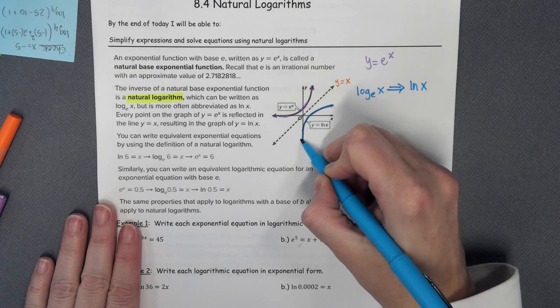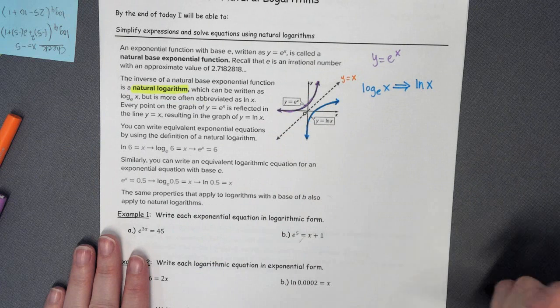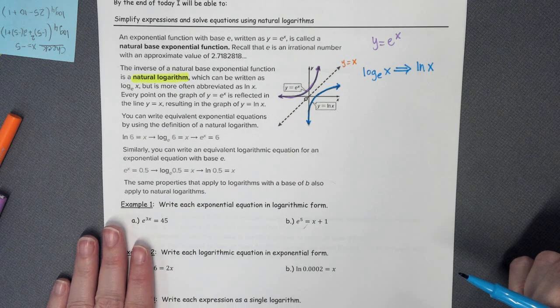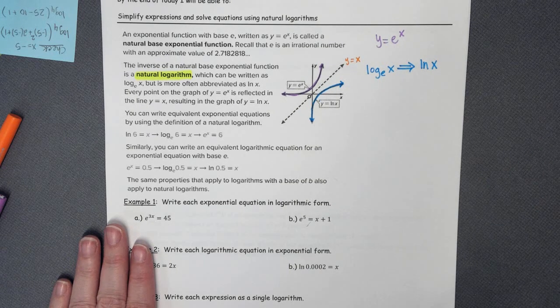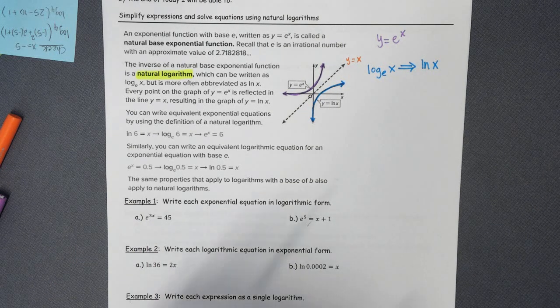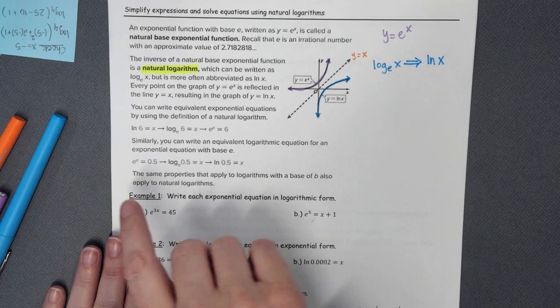This is what you graphed the other day, right? Your log functions have a vertical asymptote. So they're going to be reflections of each other. Alright, so the same rules of logs apply to the natural log.